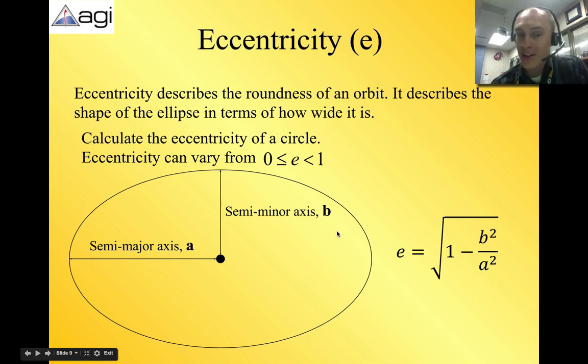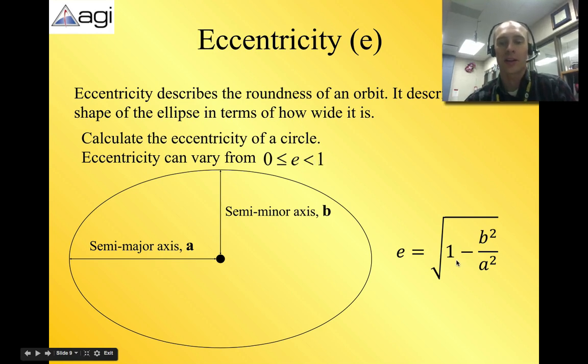Now, if b and a are the same, if it's a circle, so that they're the same value, if you have a number divided by itself, then it just is 1. Well, 1 minus 1 is 0. So an eccentricity equal to 0 is just a circle. Otherwise, it's going to be something that is less than 1. If you take the square root of 1 minus something, you're never going to get exactly 1.